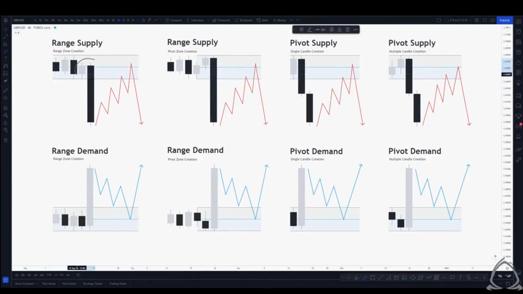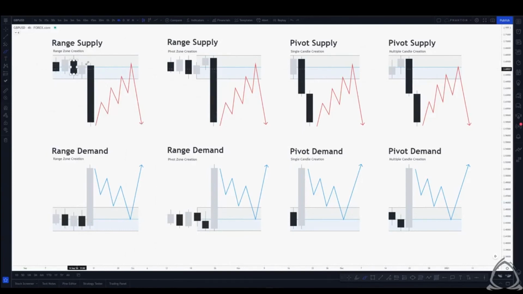We can use the bullish candle, we can use the series of bullish candles, and on the flip side for demand, we can use the bearish candle, we can use the entire range, or we can use the series of bearish candles. And what we're doing is, now that we've established that price has rapidly moved to the downside or price has rapidly moved to the upside, we've been able to identify that a supply zone or a demand zone has been created. We just simply are waiting for price to return back to that supply zone.